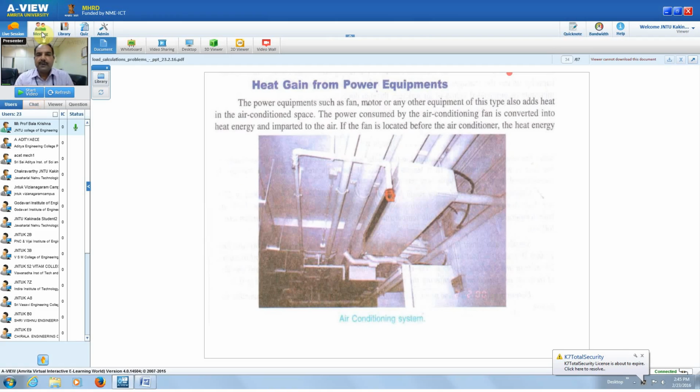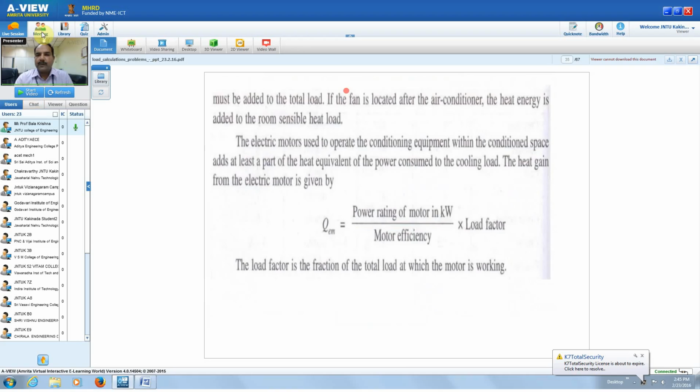Then the heat gain from the power equipment. Power equipment such as a fan, motor, or any other equipment of this type also adds heat to the air conditioned space. The power consumed by the air conditioning fan is converted into heat energy and imparted to the air. If the fan is located before the air conditioner, the heat energy must be added to the total heat or total load.